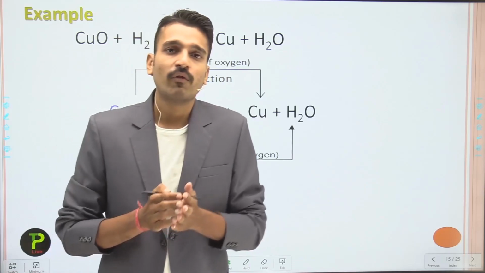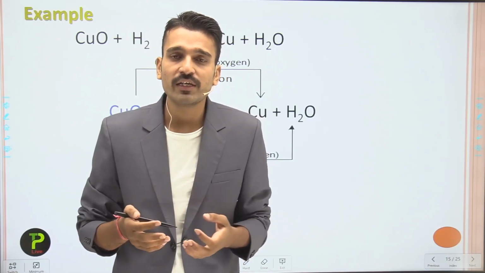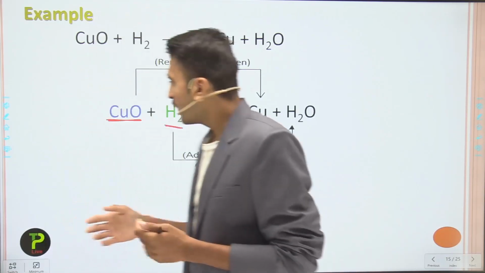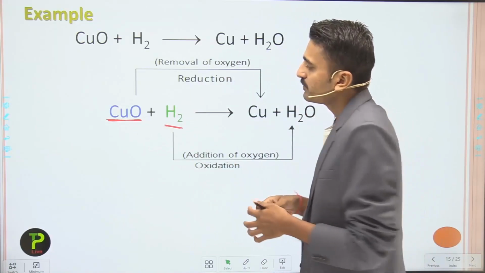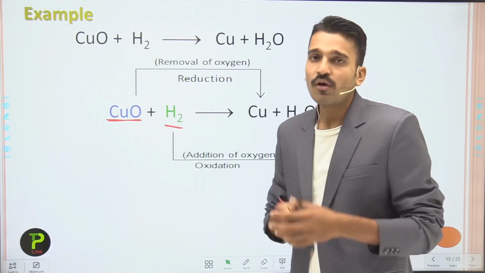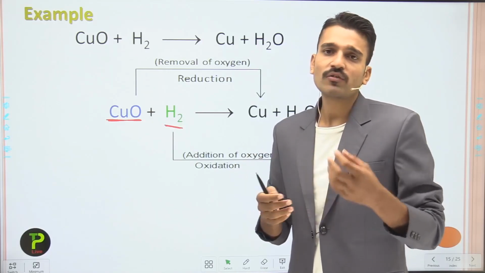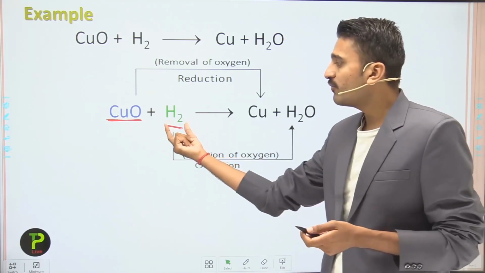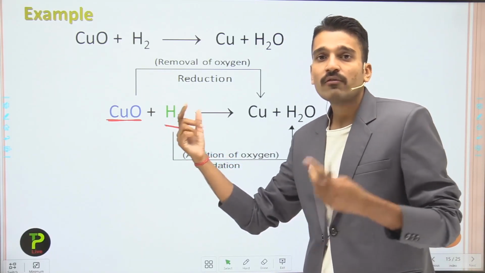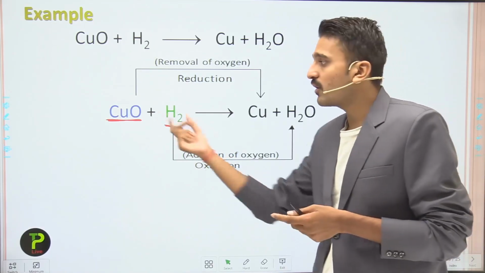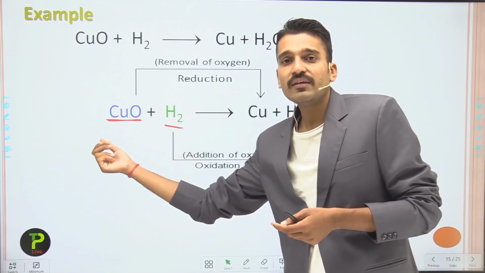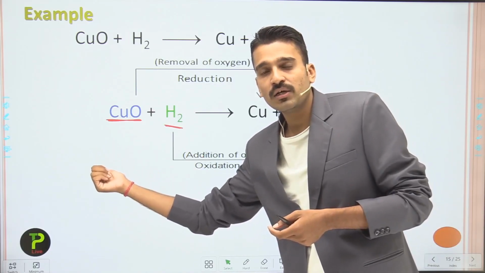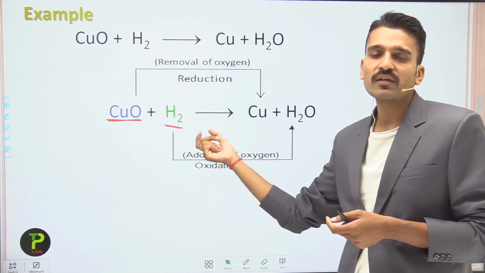But what about the oxidizing agent and reducing agent? See, in this case which substance brought about the oxidation? For the oxidation of hydrogen, from where does the oxygen come? Oxygen comes from the copper oxide. That is, this substance has undergone reduction, providing its oxygen to this element.